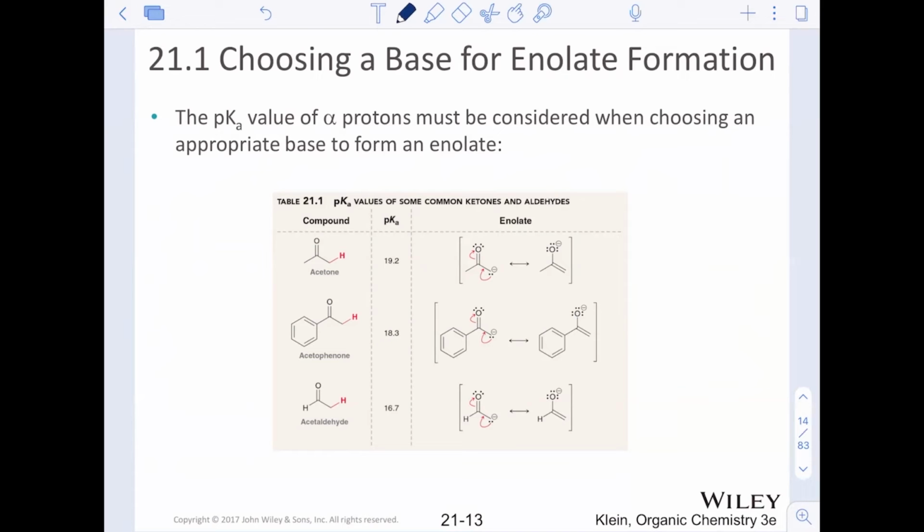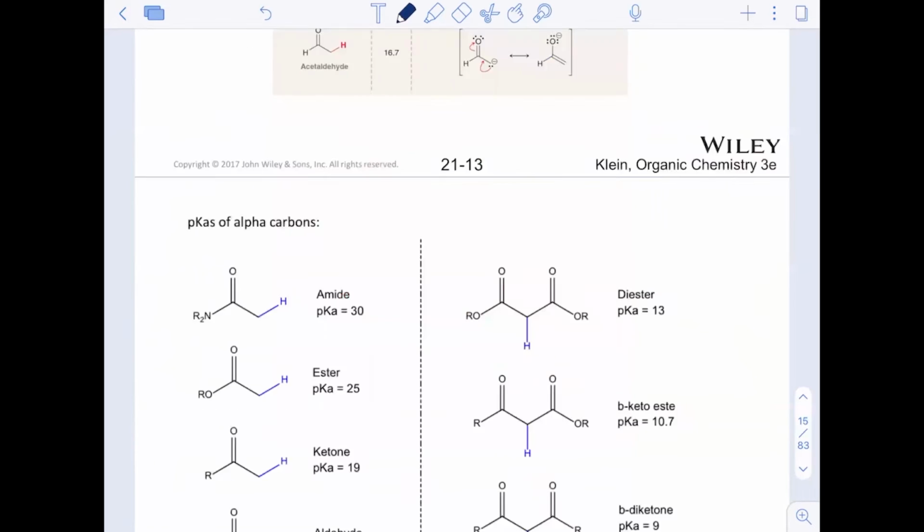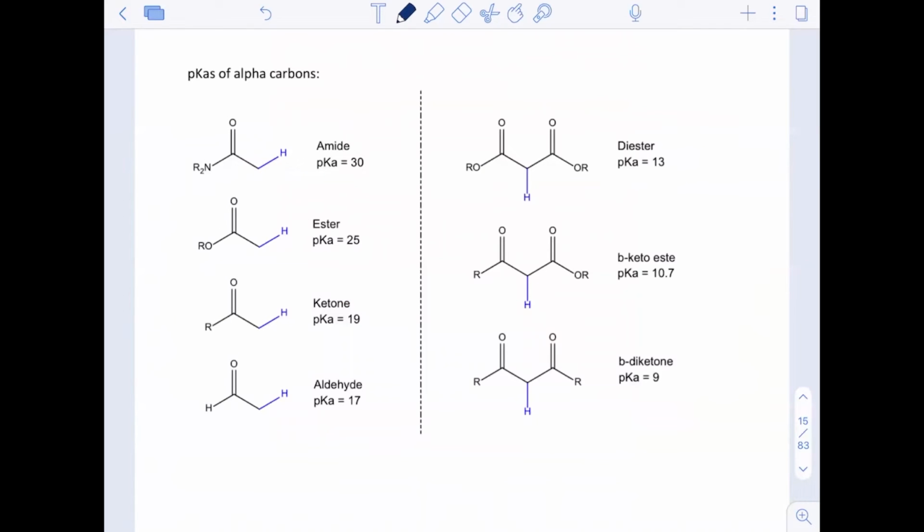Remember, these pKa values have to be lower than the pKa of the conjugate acid. So let's look at all of our different range of pKa's here for alpha carbons. Notice how all of these are alpha carbons, and we will be seeing a variety of these throughout this chapter.